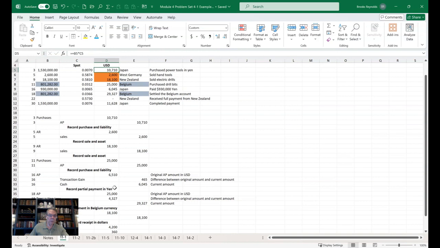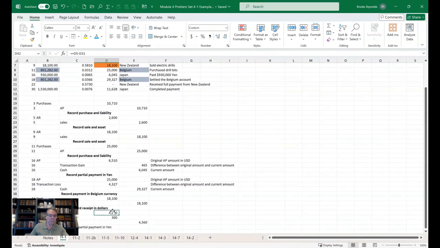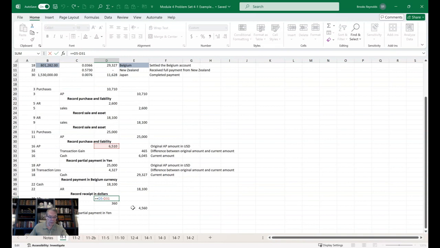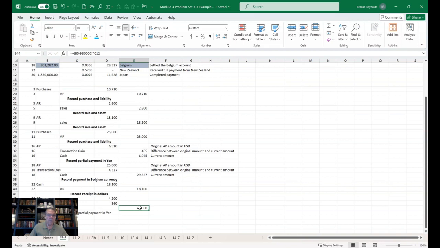So the difference between those two is going to be the current balance in AP for the original transaction. Originally, we booked 10,710 in dollars. We removed 6510, so the balance is going to be the difference.